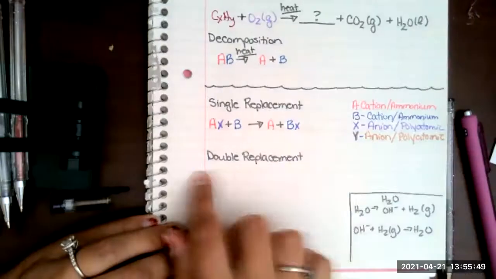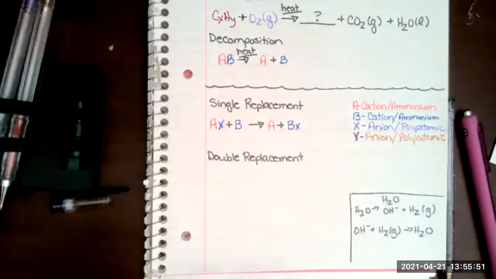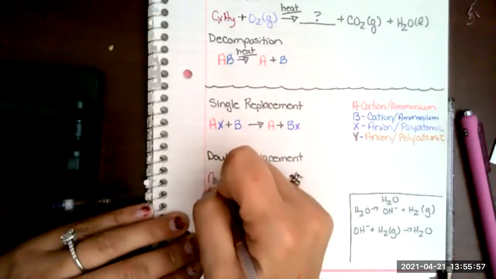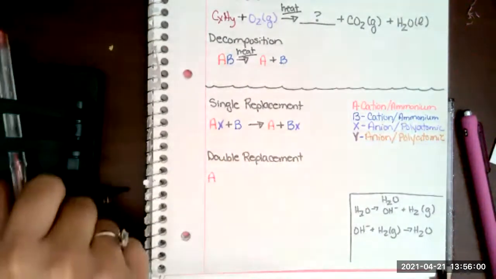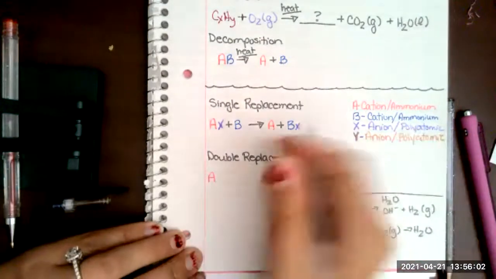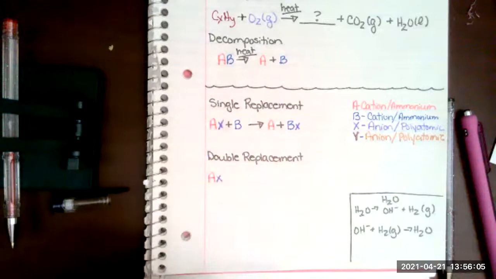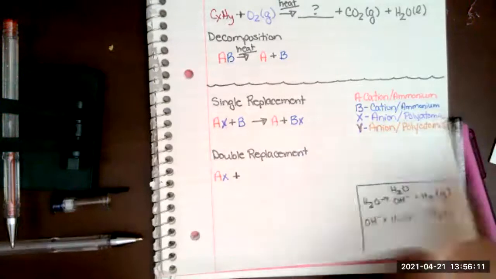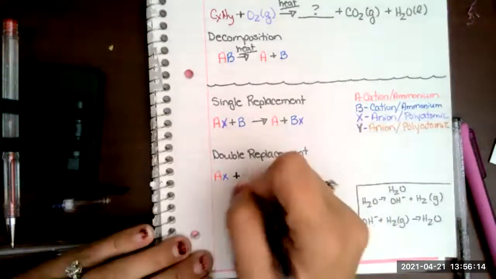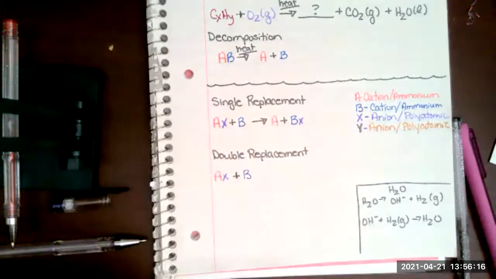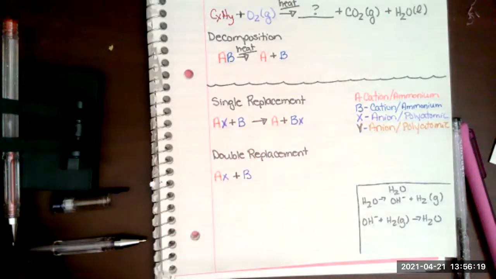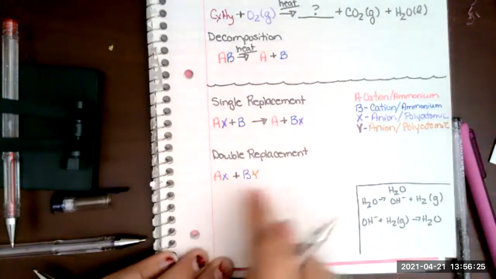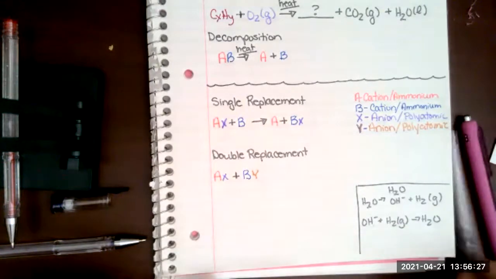So our double replacement here, we have AX. Remember, we're keeping the same colors that we did before, AX. And then you're adding that to BY. So both AX and BY, these are both ionic compounds.